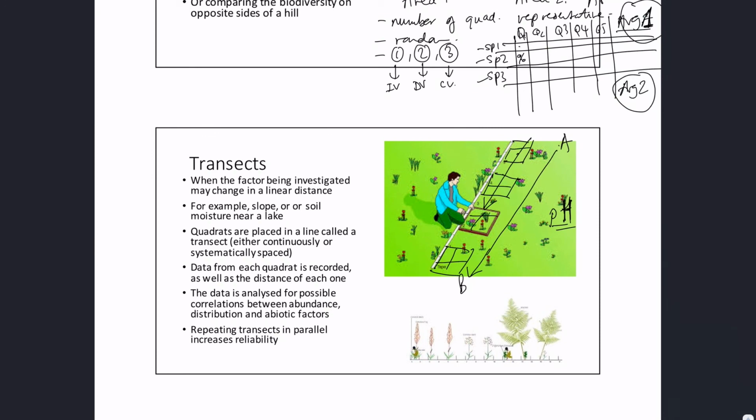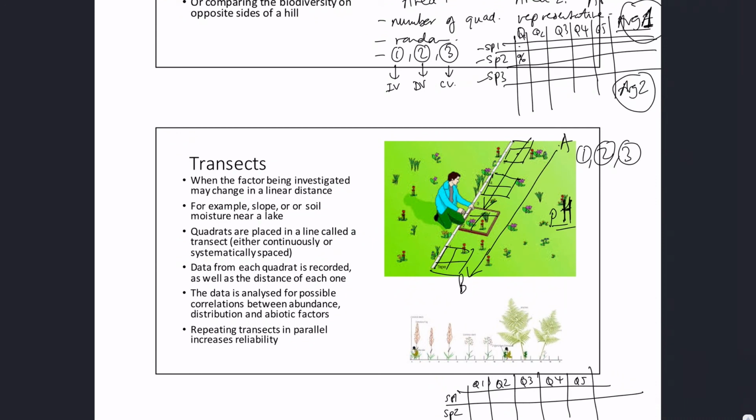Again, you take the recordings of 1, 2, and 3 in each quadrat, but this time you go in a line. So your results are going to be quadrat 1, quadrat 2, quadrat 3, quadrat 4, quadrat 5, and you're recording your species 1, species 2, species 3, and your pH.